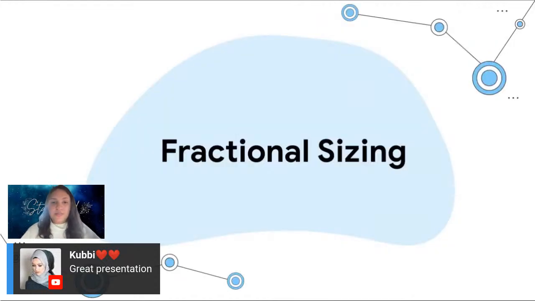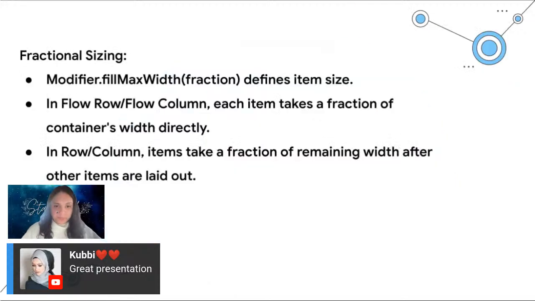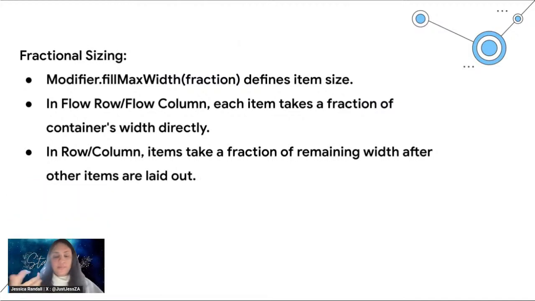And now we're going to go on to fractional sizing, which is also quite interesting because fractional sizing in FlowRow and Row is quite different. There's a bit of a difference. Fractional sizing is the use of the modifier .fillMaxWidth, and then you put inside a decimal or fraction, which defines the item size. For example, modifier .fillMaxWidth(0.7), which means 70%, or 7/10.